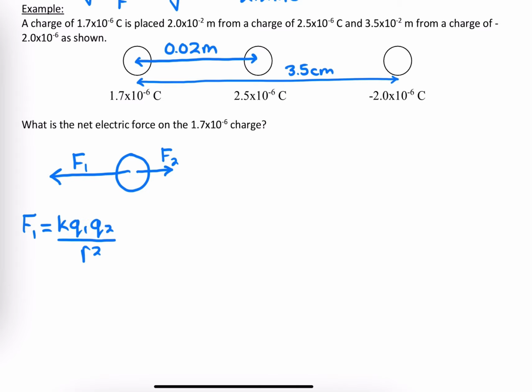So rather than calling these F1 and F2, I might call them FA and FB. Let's do that. That's slightly better. Okay, so K is going to be 9 times 10 to the 9. Now this force over here is coming from the interaction between these two charges. So that's going to be my Q1 and my Q2. Again, it doesn't matter which is which.